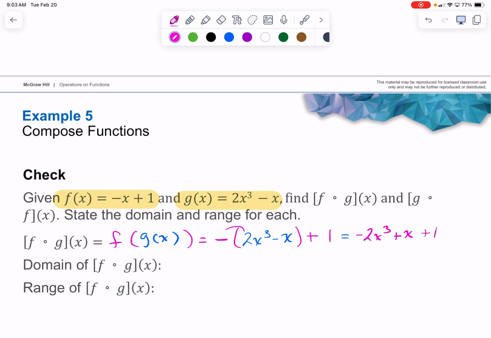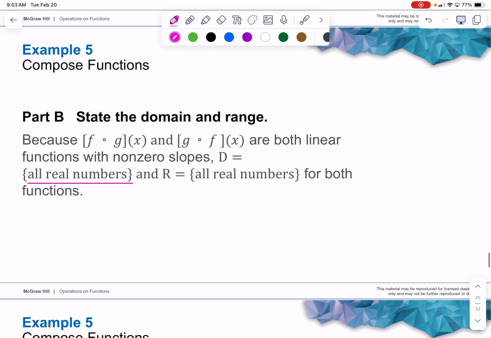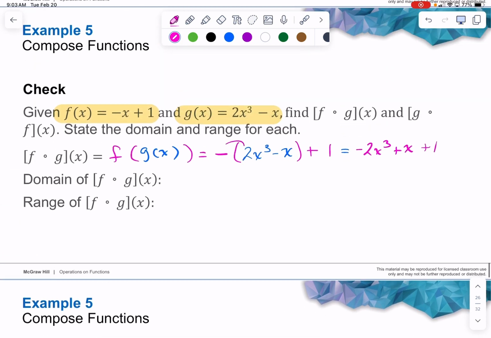Okay, is it a polynomial? I think so. Yeah. And what's the domain of every polynomial function? All real numbers. Yes.